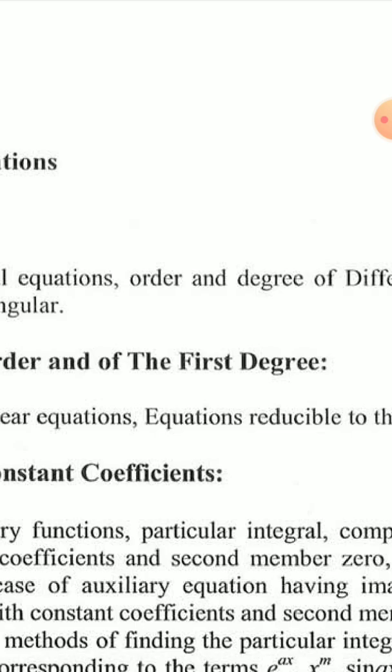Degree is the highest power of the highest order derivative. Listen again. The degree of an equation is the degree of that highest derivative when the differential equation is free from radicals and fractions.